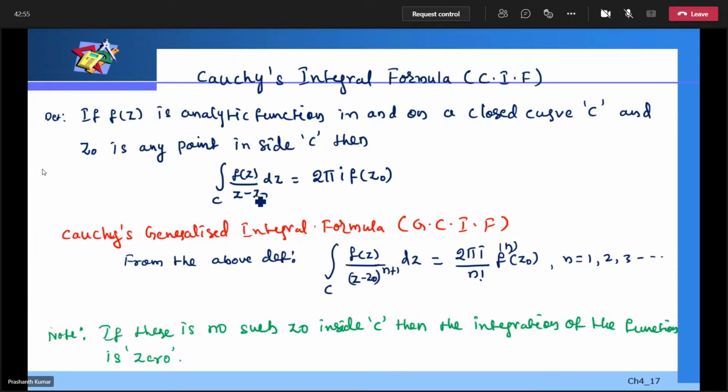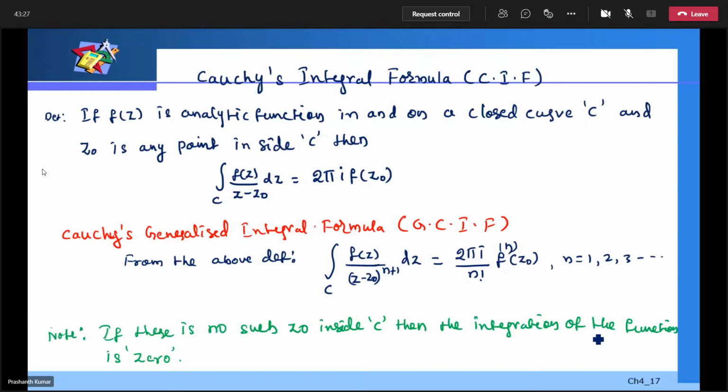Here z minus z0. You see that this z0 value we are considering definitely lies inside and on a closed curve C. Then only. If this z0 lies outside the circle, then here I have given one note: if no such z0 inside C, the integration of the function is 0.